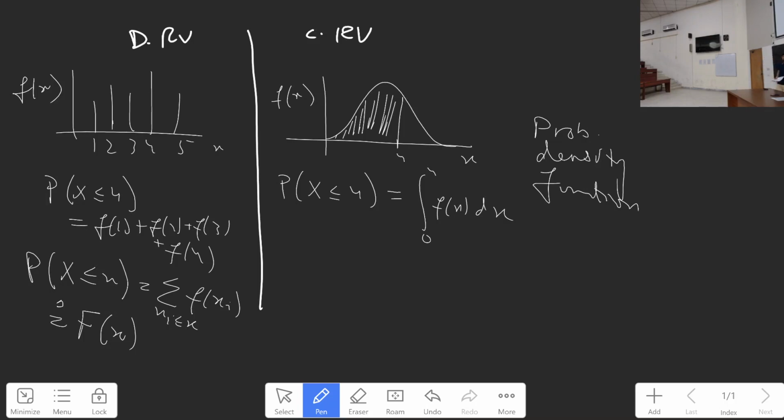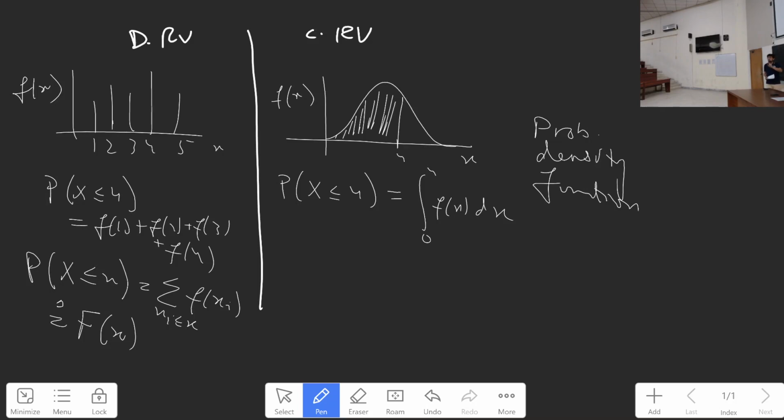Do you see the similarities? This was a summation up to 4 from the left wherever it starts. If it starts at minus infinity, that's fine, you have to sum from wherever it is. Here it started at 0, so we had this thing. This is a continuous function, so you need a continuous sum. What's a continuous sum? Integral. Yes, it's the same thing, it's just adding continuously. This was a proper sum, discrete sum. So the two behave very similarly.